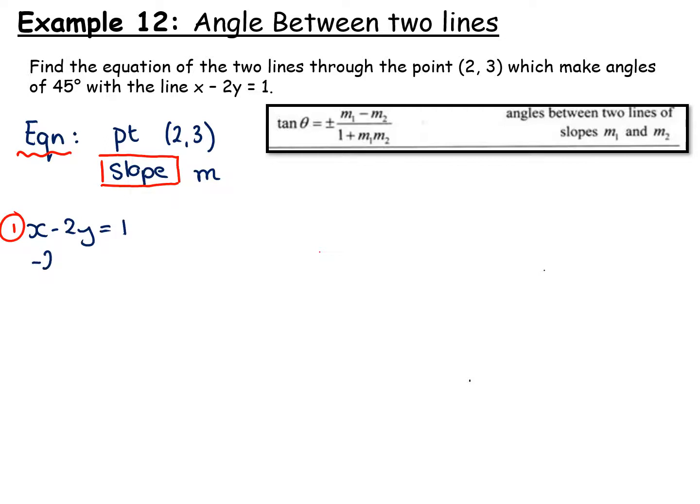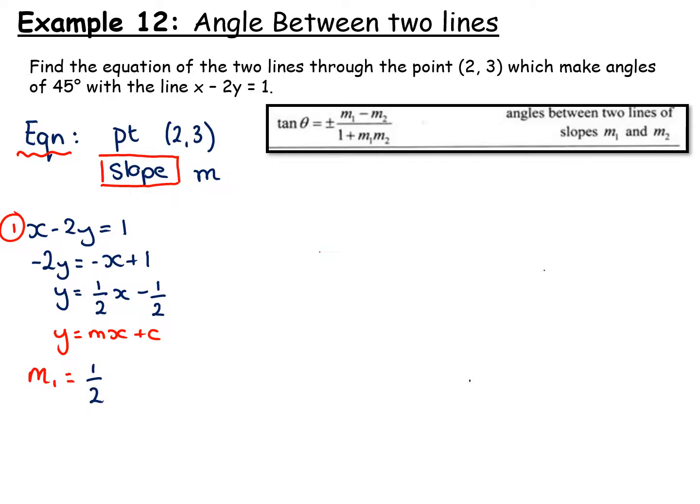We're going to rearrange this, minus 2y equals minus x plus 1, and then divide across by minus 2. So that's half x minus 1 over 2, and that's given us the equation in the form y equals mx plus c. So that means m1 is equal to a half.